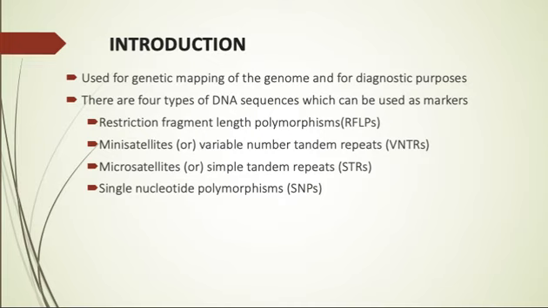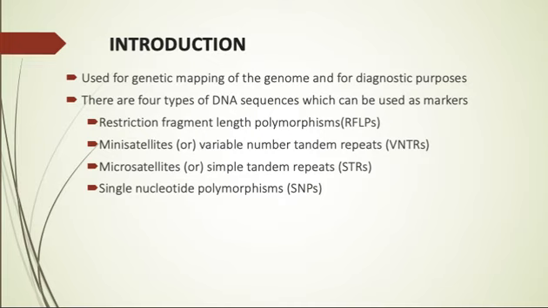These are restriction fragment length polymorphism, or RFLPs; then the minisatellites or variable number tandem repeats, also called VNTRs; then the microsatellites or simple tandem repeats, that's STRs; and the last one is single nucleotide polymorphism, also called SNPs. Okay, so these are the DNA markers.